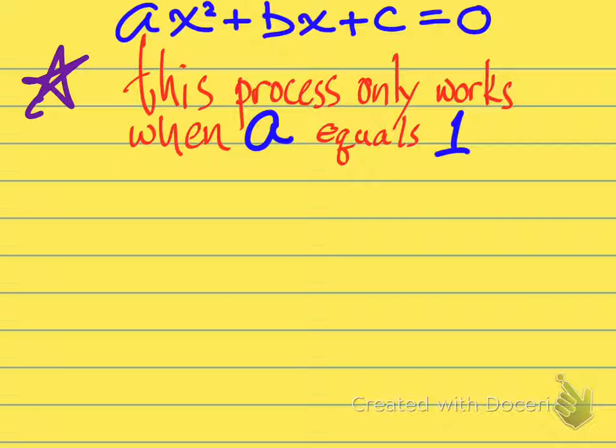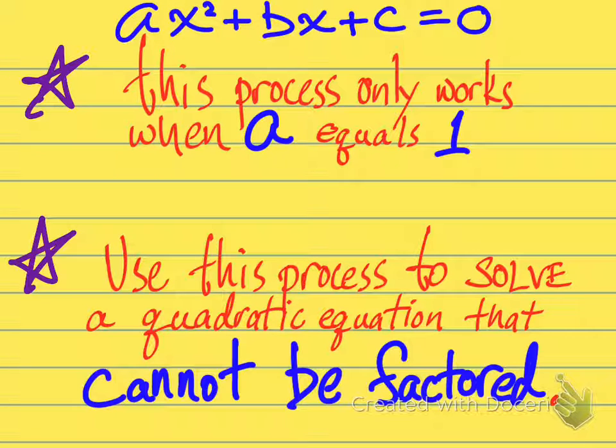And you probably want to use this on a quadratic equation that cannot be factored. If you can factor it, most people would prefer just to do factoring and the zero product property to get the solutions. But not all quadratics can be factored. So completing the square is something that you do in that case.